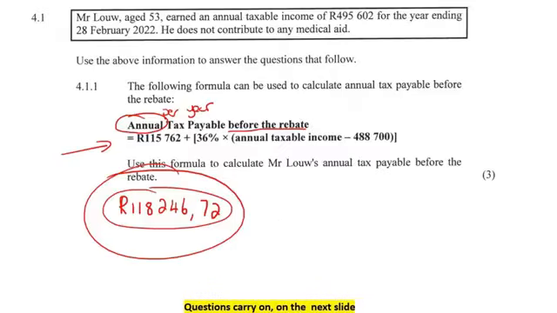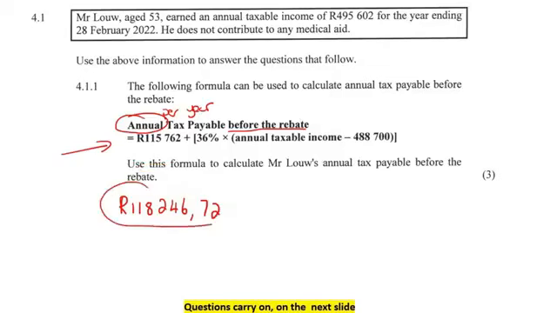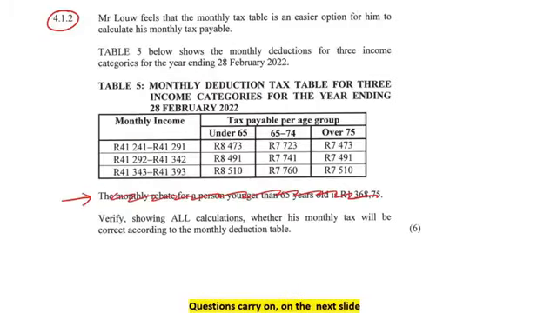Okay, so in the previous question, we worked out that this was his annual tax. Let's quickly see what that would be per month. So using the formula, we found out that the annual was 118,246.72. So what would that be per month?